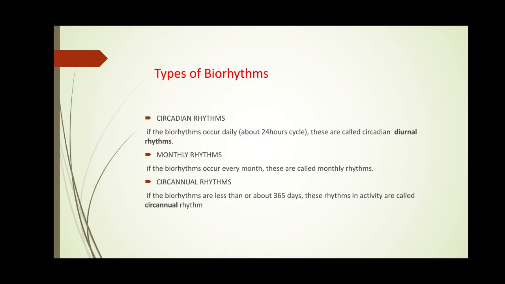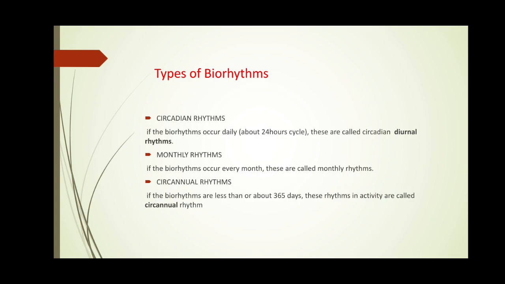So, on the basis of these time intervals, they have been classified as circadian rhythms, which occur about 24 hours after the first cycle. These are called circadian or diurnal rhythms.